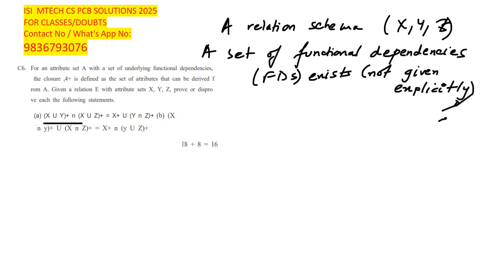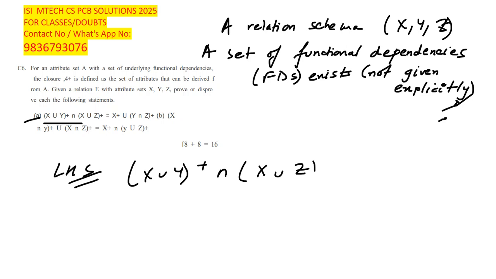So now here, what is the left hand side? For statement A we are doing first. So it's plus, correct? So now all attributes derivable from both x union y and x union z. And what is at my right hand side?